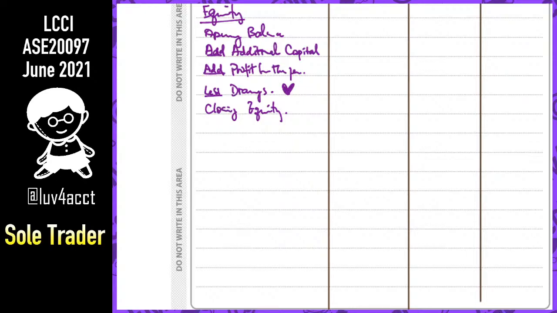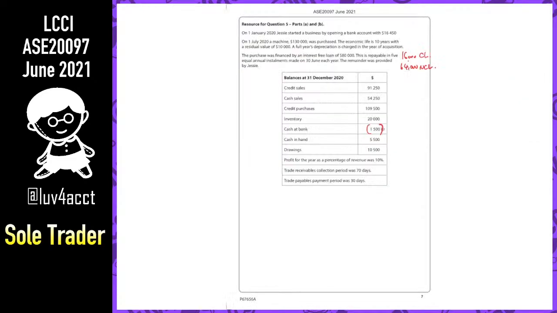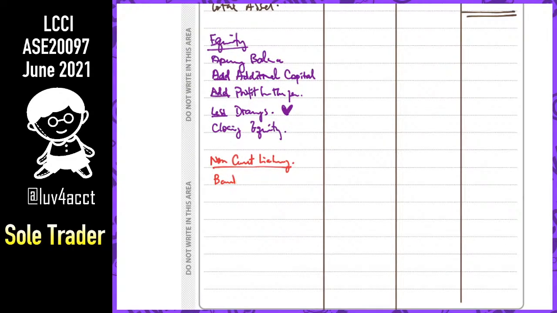And then last we have liability. So we'll start with non-current liability. We have a bank. Is it bank loan or just loan? Let me check. Interest-free loan. So just loan. And then current liability.